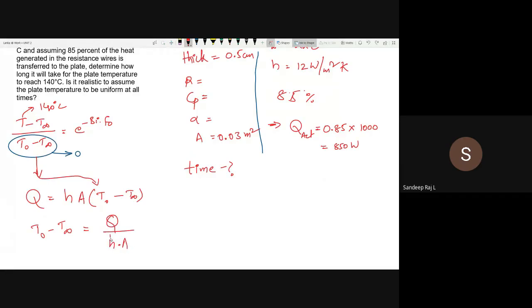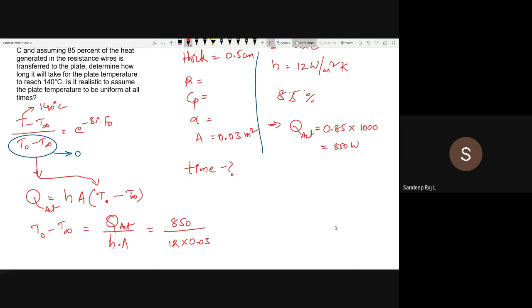So I have Q as 850, divided by the H value, which is 12, and the area value, which is 0.03. So we can take this value and you'll get the denominator.